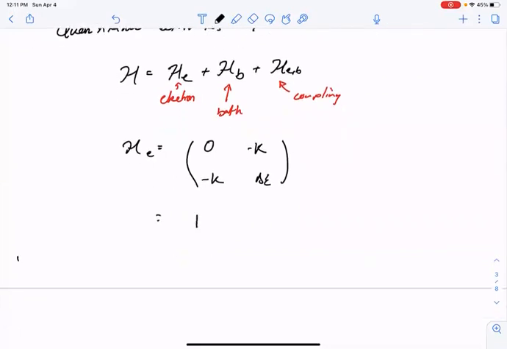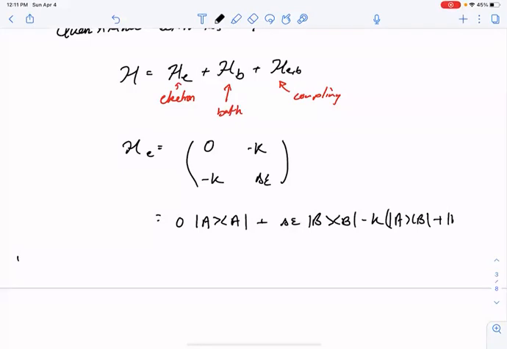Mathematically, this is some outer product with 0 energy in the A state, delta E energy in the B state, and some coupling that is Hermitian.